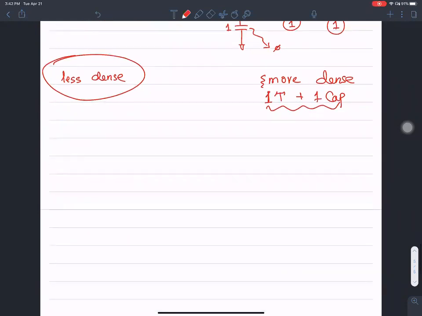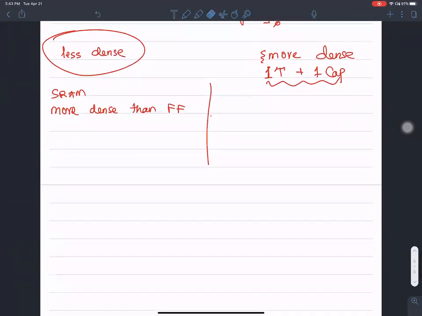SRAM is more dense than flip-flops, but it is less dense than DRAMs. It's denser than flip-flops. Compatible with standard CMOS logic. It's faster than DRAM. It's easier to use because you don't need to refresh this.